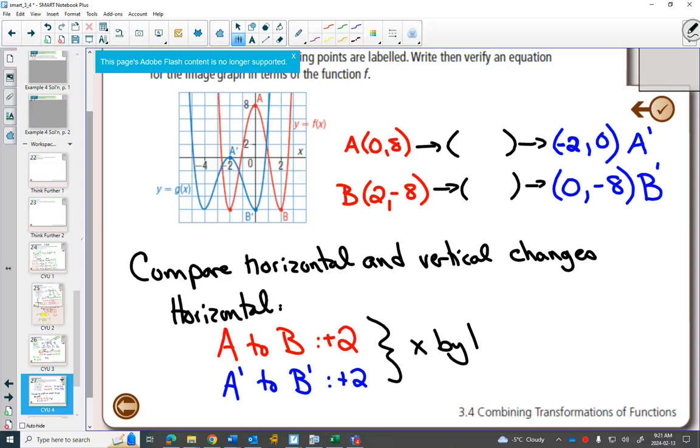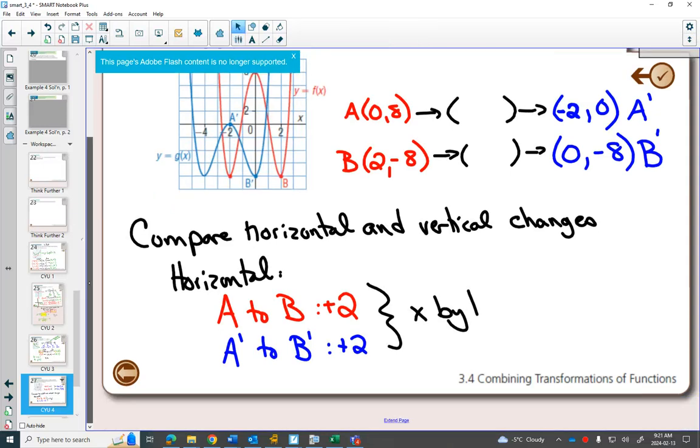Now, when we look at the vertical changes, again, we'll look from A to B and A prime to B prime.